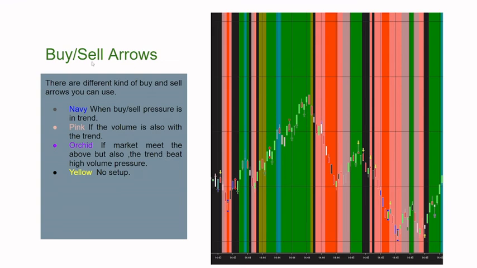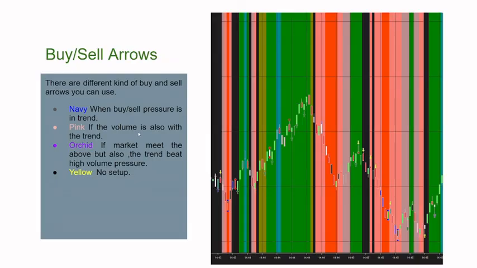And I have buy and sell arrows also. You don't trade the arrows. You trade them as confirmation.